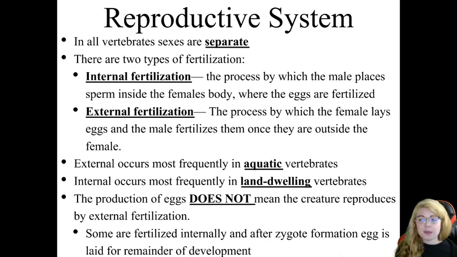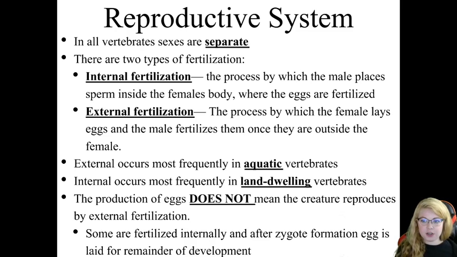There are two types of fertilization that can occur within this subphylum. We can have either an internal fertilization or an external fertilization. In an internal fertilization, the male places the sperm inside the female's body where the eggs are fertilized internally. Whereas externally, the female lays the eggs and then the male fertilizes them on the outside of the female's body.